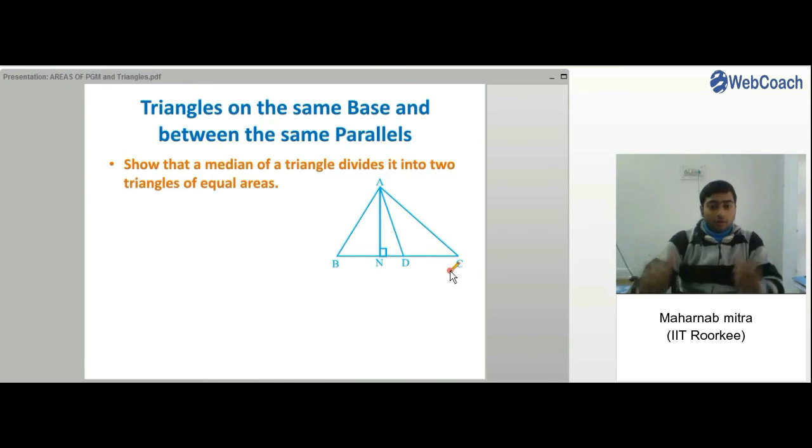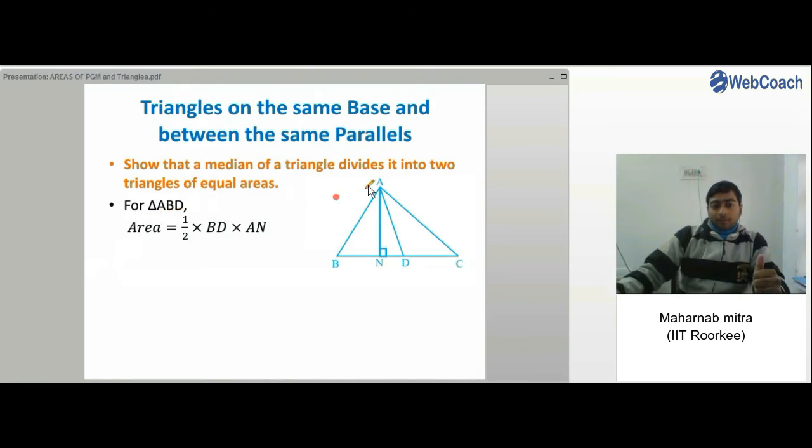This is the information given to us. And now to make this question easy, we draw AN perpendicular to the base BC.